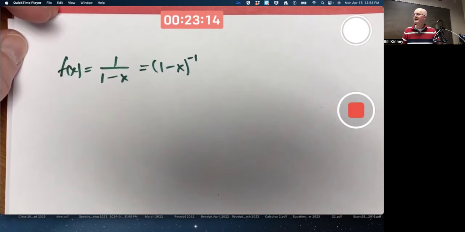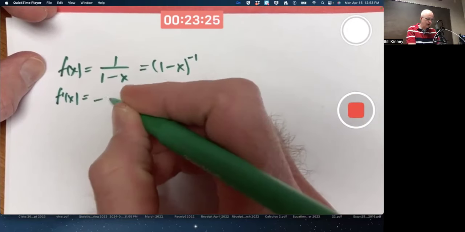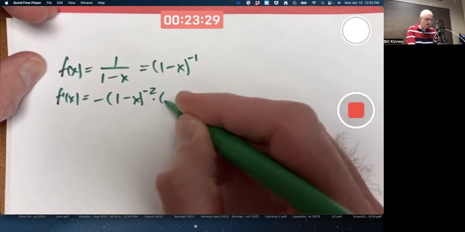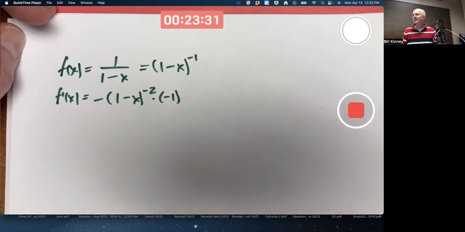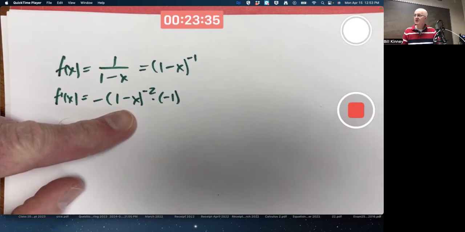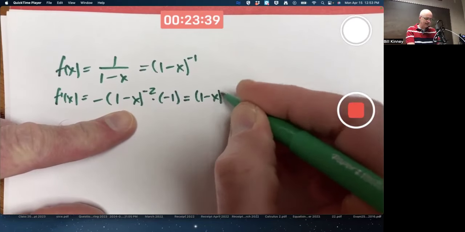Let's write this as 1 minus x to the negative 1 power, so that taking derivatives is quick and I can avoid the quotient rule. The first derivative: bring down the negative 1, 1 minus x to the negative 2, but don't forget the chain rule. Multiply by another negative 1, because that's the derivative of 1 minus x, the inside function. The negative signs cancel, and you're left with 1 minus x to the negative 2.